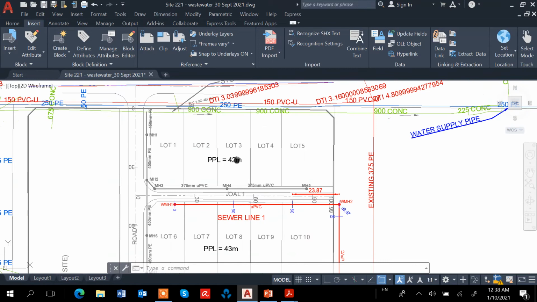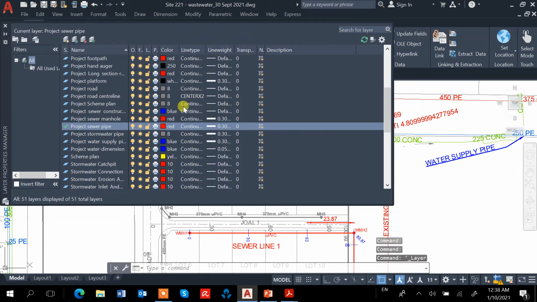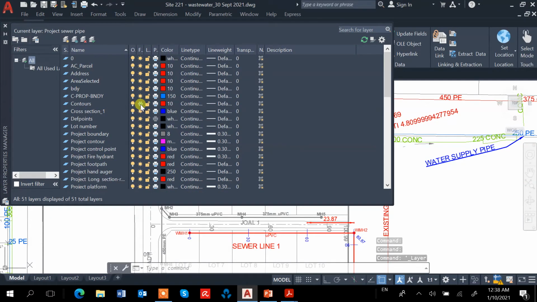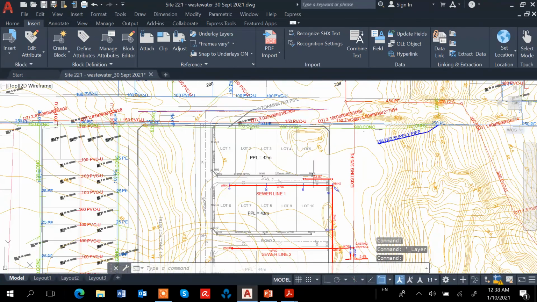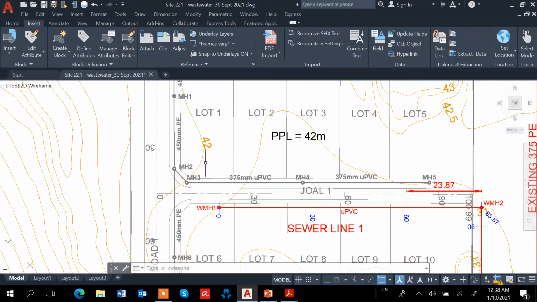To find this point here, actually I need to turn on the contour. So when I turn it on, you can see all these contour lines, which are the existing ground. This here is about 42.5. The interval of the contour is 0.5.